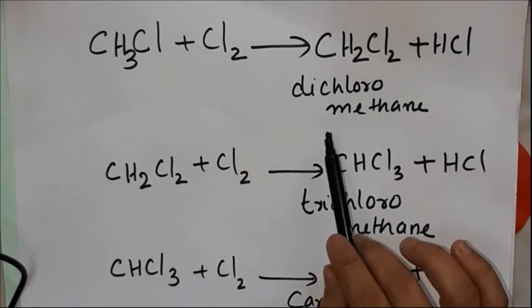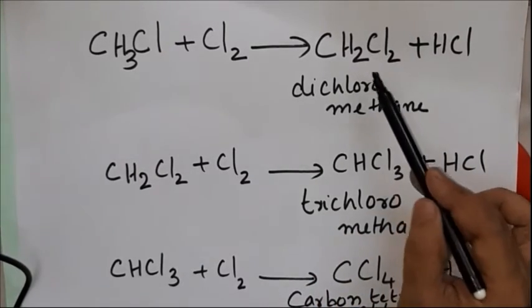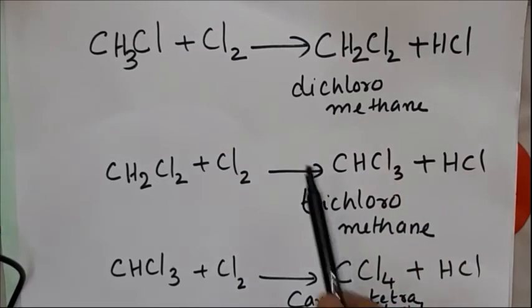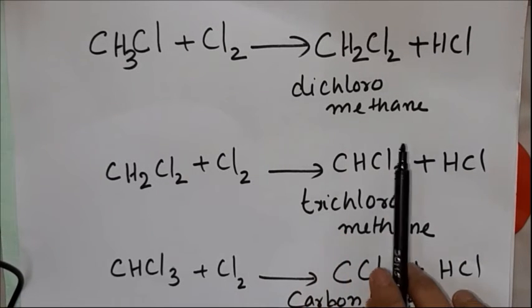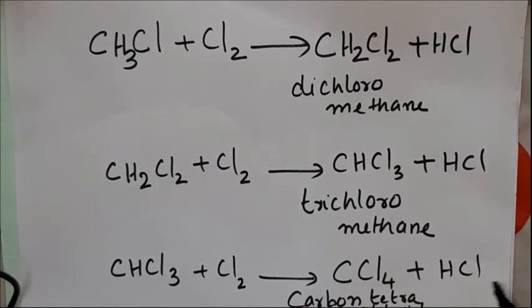And what is the name of the product? You see, there are 2 chlorine atoms. Hence the name dichloromethane. And what is the condition under which the reaction takes place? It is in the presence of diffused sunlight. Now, if the same reaction continues, the other 2 hydrogen atoms can also be replaced with chlorine atoms.